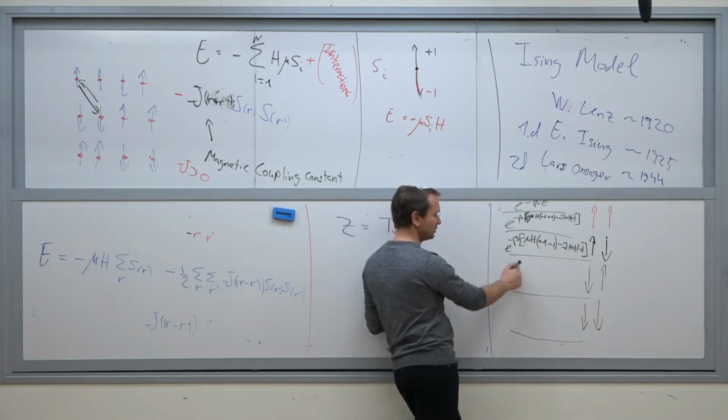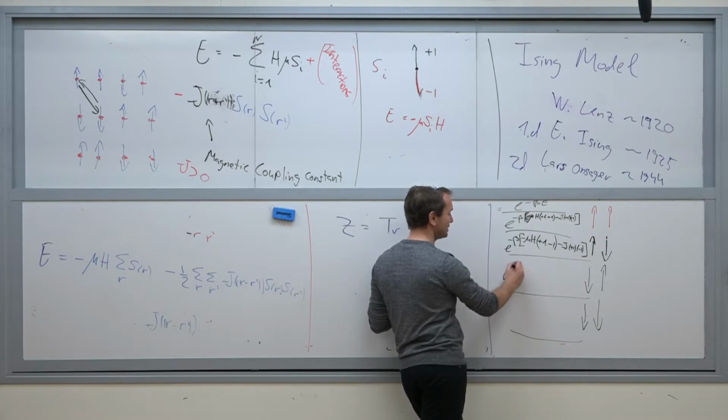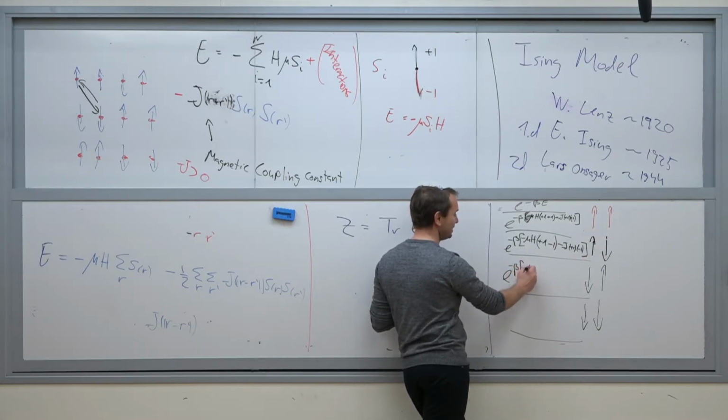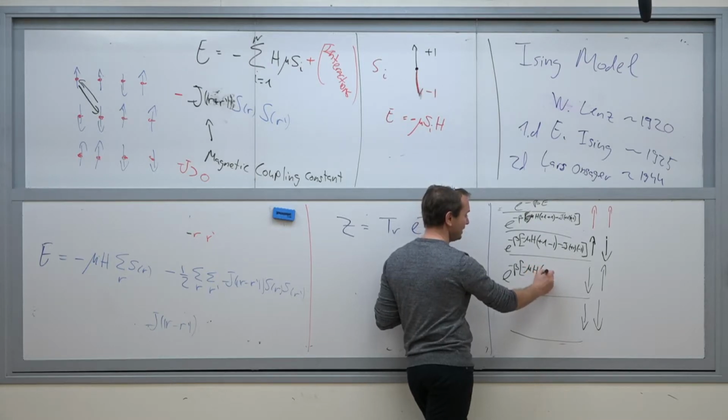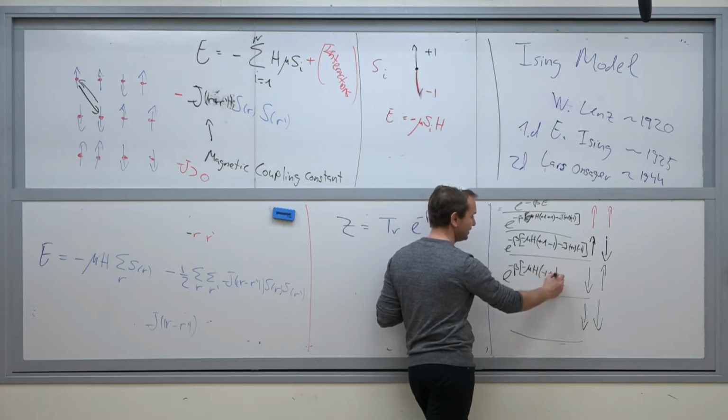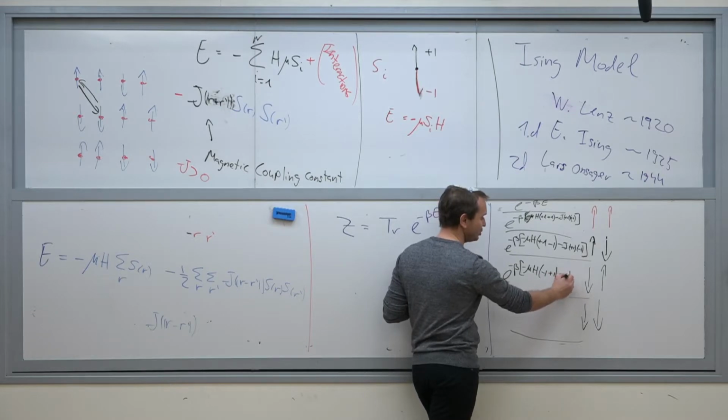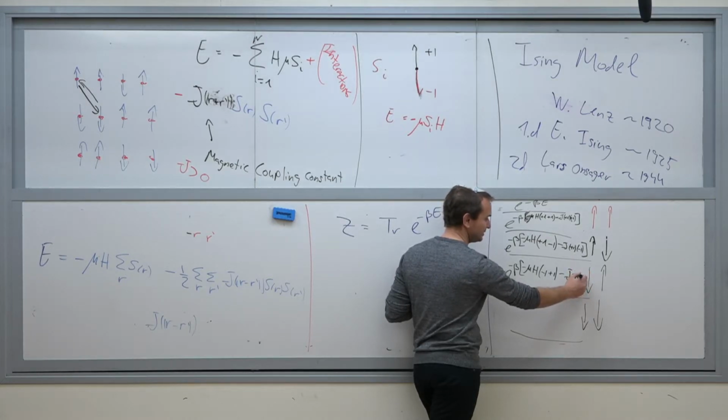The third part will be e to the minus beta times minus mu h minus 1 plus 1, minus j multiplied, the first one is minus 1, the second one is plus 1.